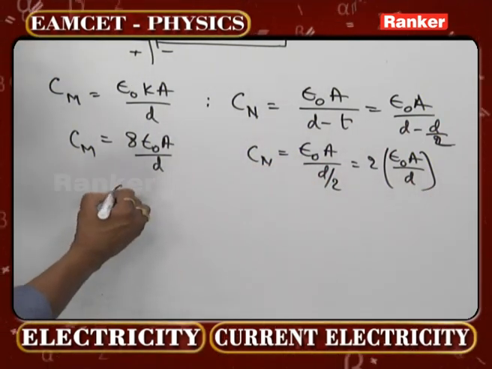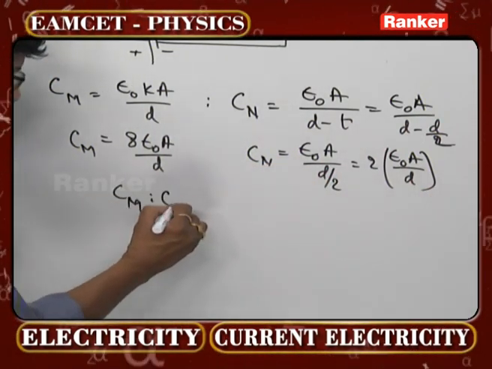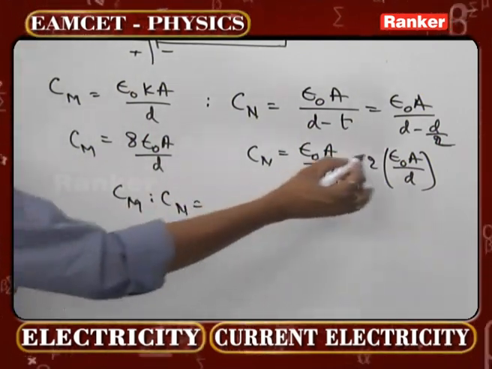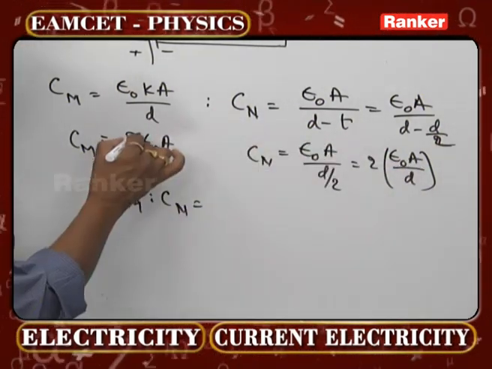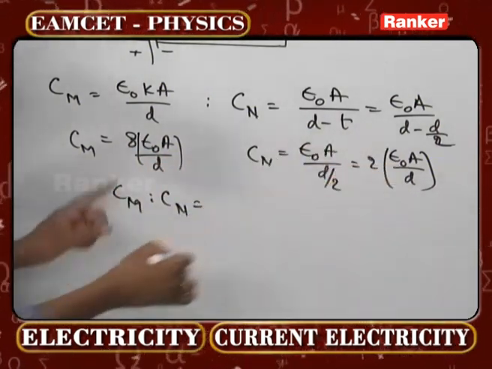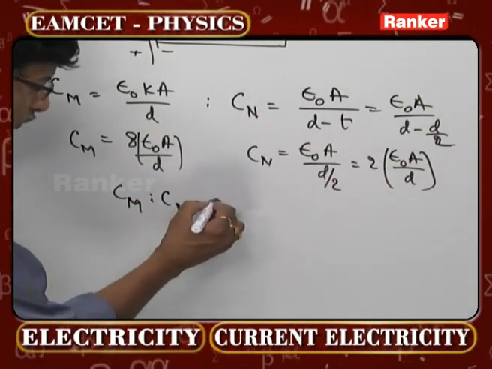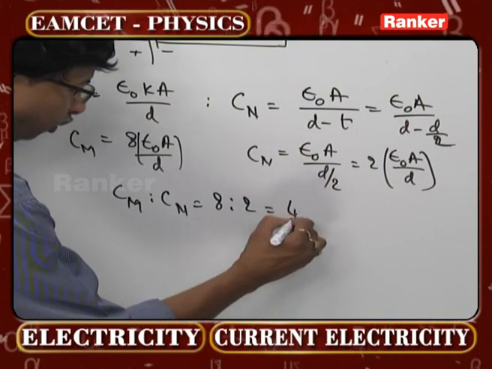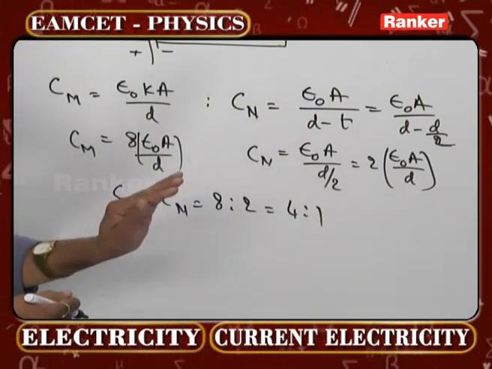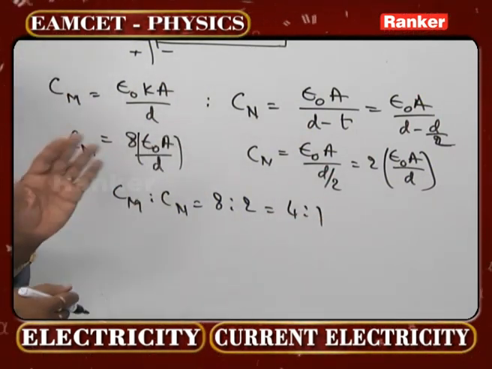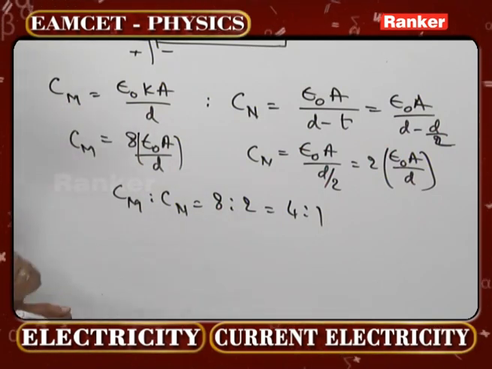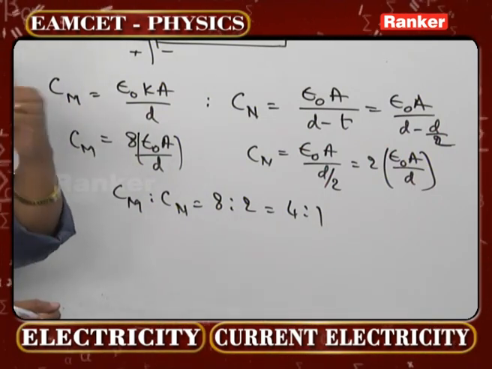Now you just write what is the ratio of their capacities first. Epsilon naught A by D here also we have, so that gets cancelled. 8 is to 2, means 4 is to 1. Till that extent excellent. But he is not asking you the capacity ratio. He is asking you the ratio of potential differences.